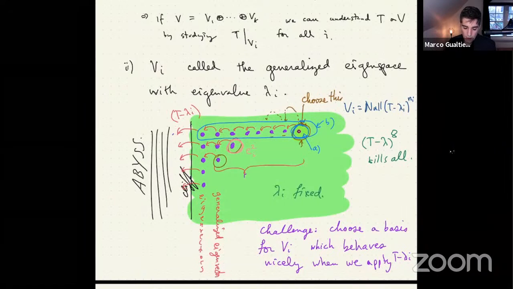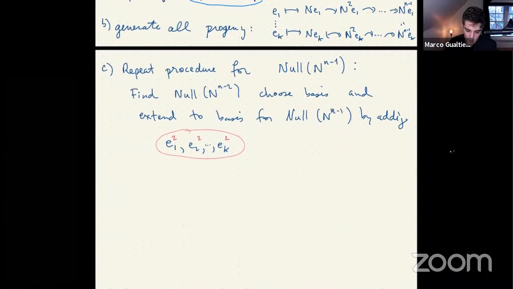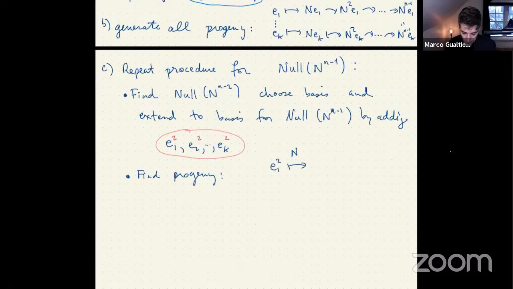Okay, then what we need to do is generate their progeny. So we need to do the next step. Find progeny. So we take E12, we map n. We get new vectors n E12.